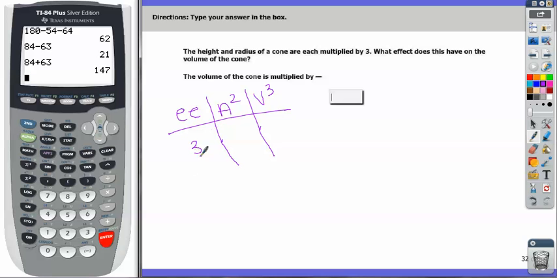So if I wanted to move it over, I have to square it, and I get 9. Then if I want to move this 3 all the way over to here, I can't go from area to volume. I have to go back to the beginning. 3 times 3 times 3 is 27. So the volume is 27 times.